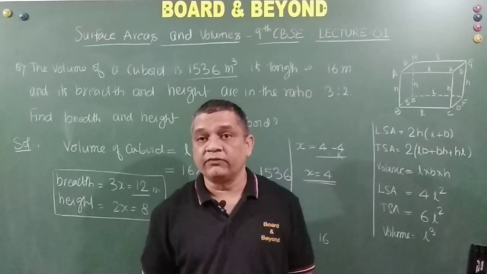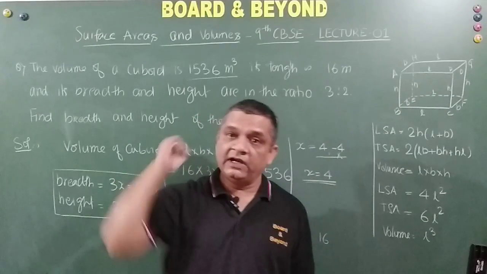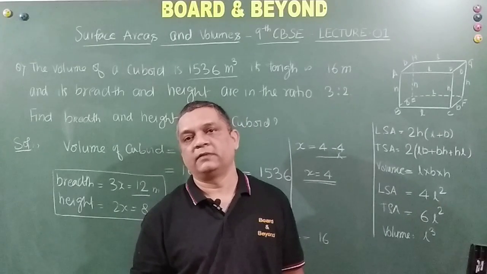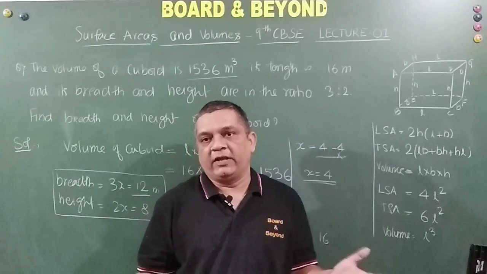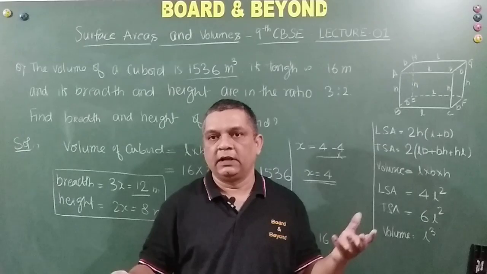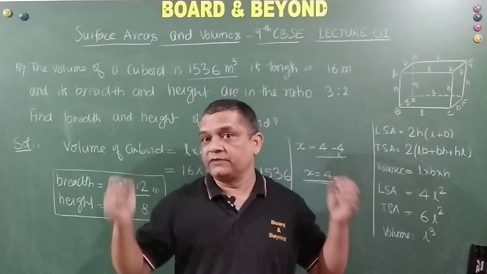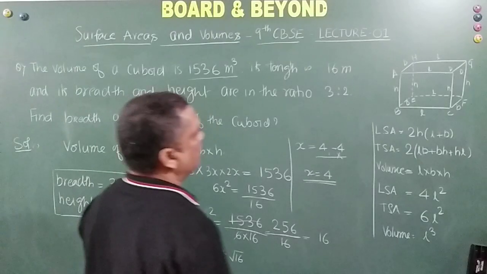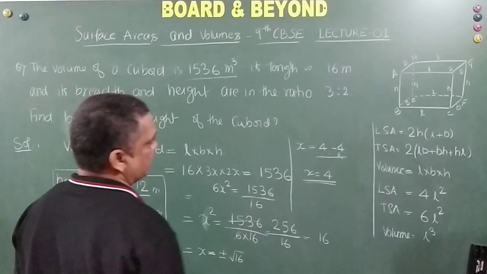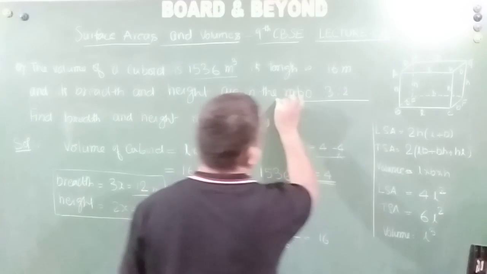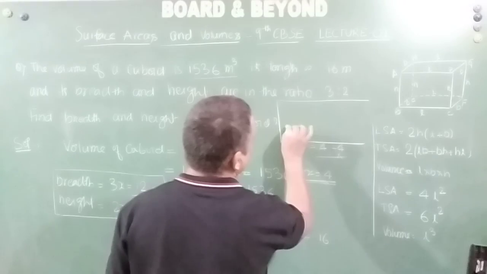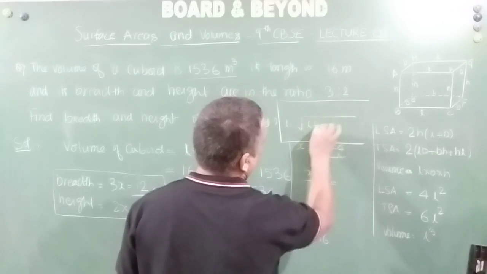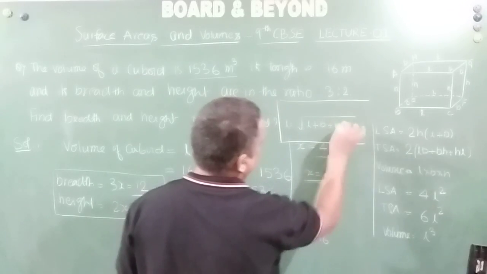And we are expected to find out what will be the maximum length of a rod that can actually fit in that cuboid room, right? So we can place it in any position, but I want to know the maximum length of the rod, right friends? So the maximum length of the rod for a cuboid is basically, where shall I write? I'll write it here. That is, maximum length I am talking about, L.